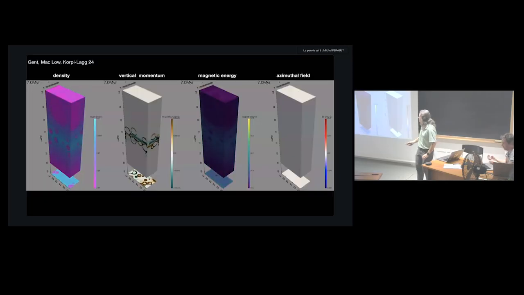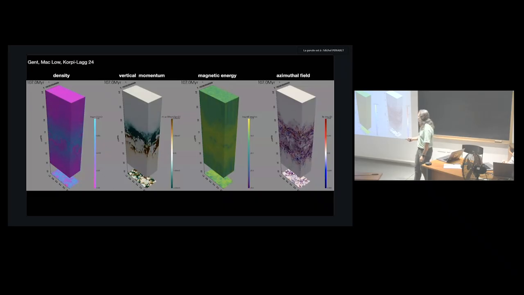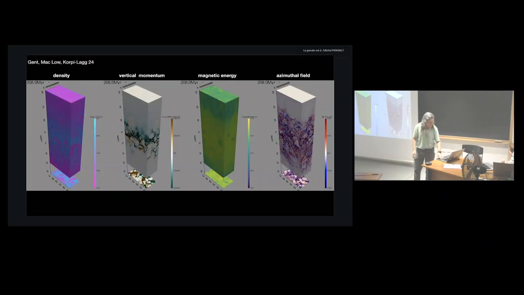Okay, then we did stratified models so that we can start thinking about the shearing flow. Those were all periodic boxes, but now we've got stratification and ultimately shear. And just to show you what we're up to here.